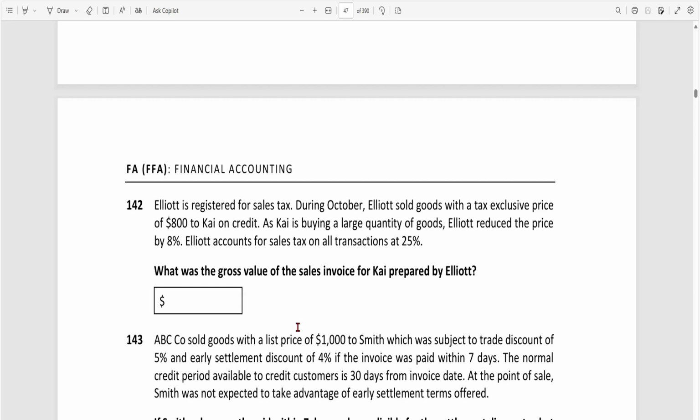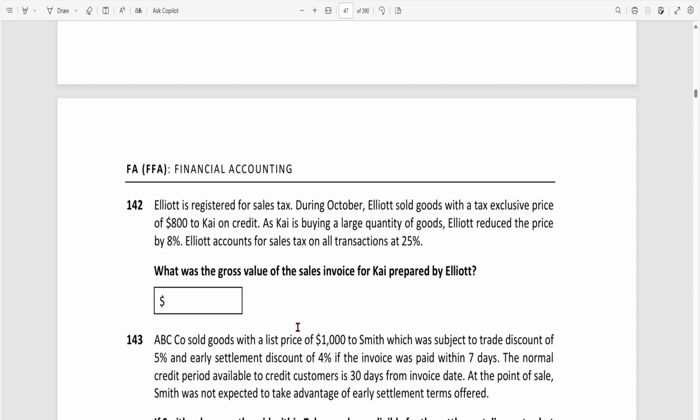The question number is 142 and the question is asking what was the gross value of the sales invoices for Kai prepared by Eloit. Eloit is registered for sales tax, and during October Eloit sold goods with a tax exclusive price of 800 to Kai on credit.